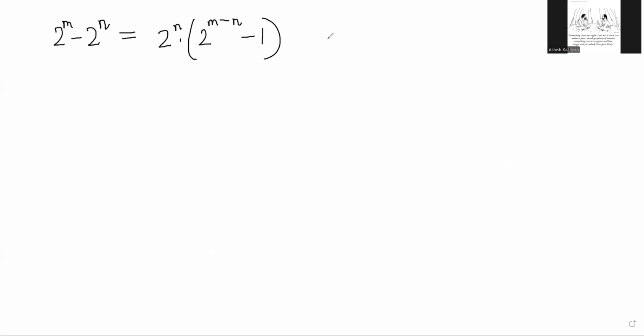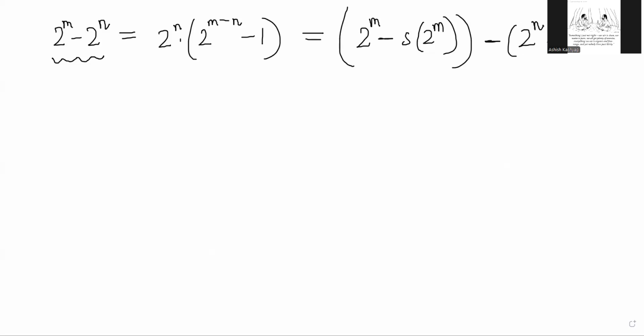And here we will rewrite this term as 2 power m minus s of 2 power m, minus 2 power n minus s of 2 power n. Do you understand what I have done?